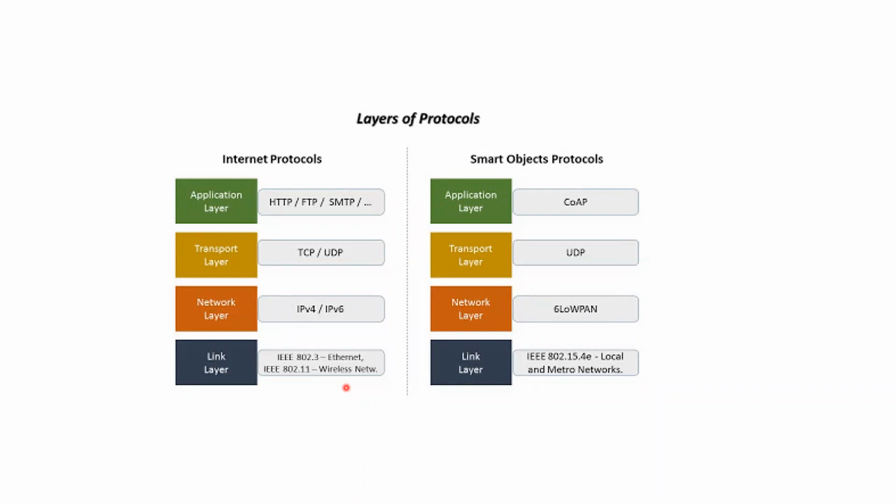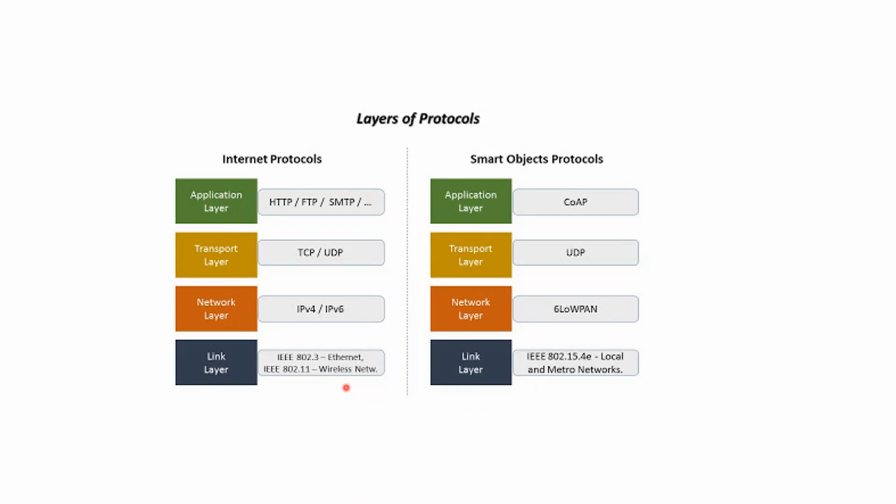So 802.3 is the Ethernet protocol, 802.11 is the Wi-Fi wireless protocol, and there is one more protocol called 802.16. This is called WiMAX. WiMAX is an improved version of Wi-Fi, and it is particularly used for broadband wireless communication.